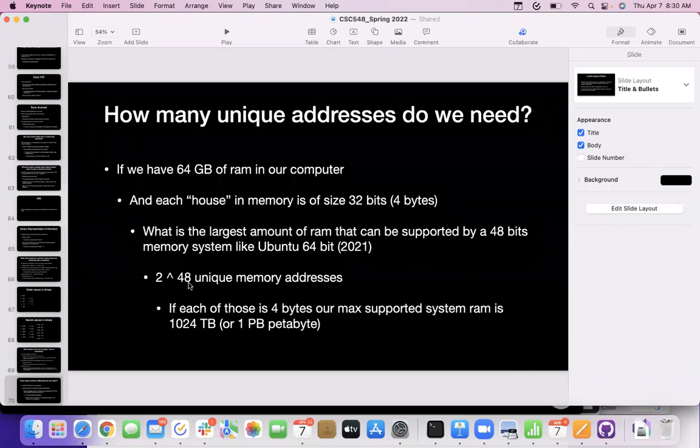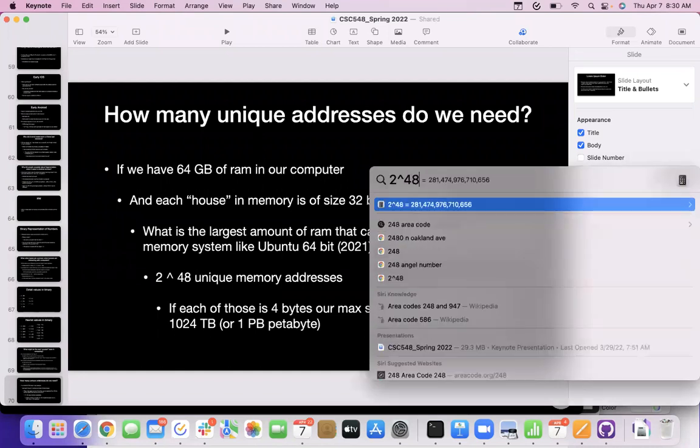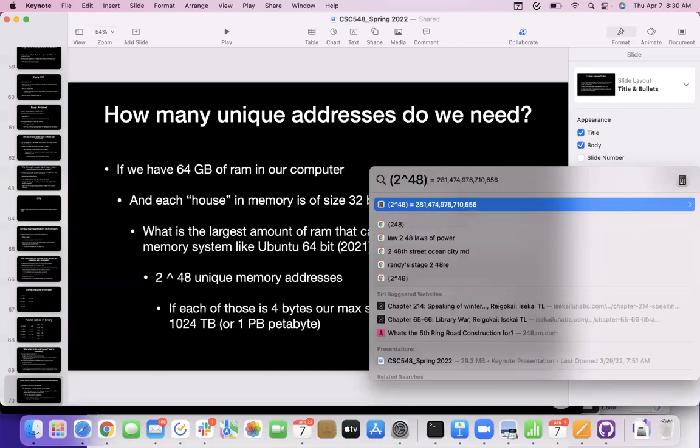Let's assume each house is a tiny home of 8 bits, so 1 byte of memory per address, which is the worst-case scenario, since most operating systems use more than that.